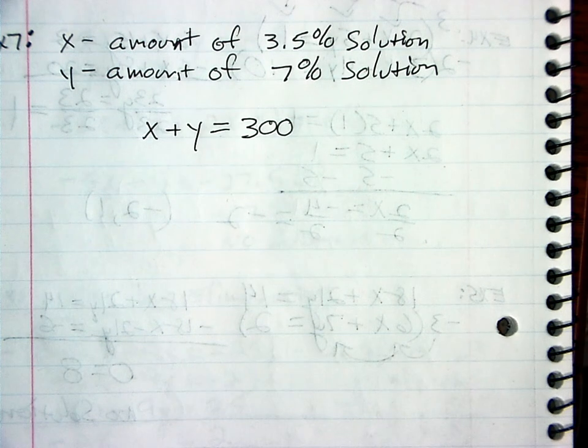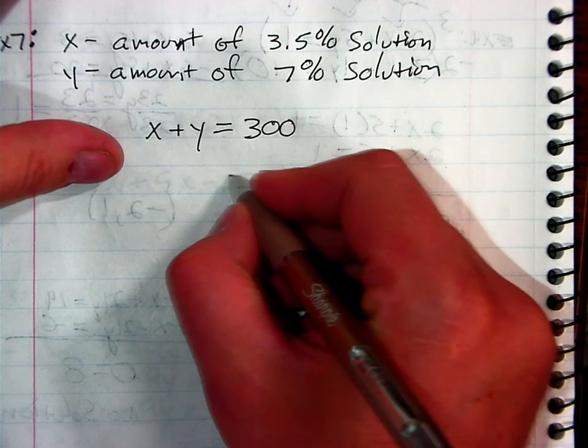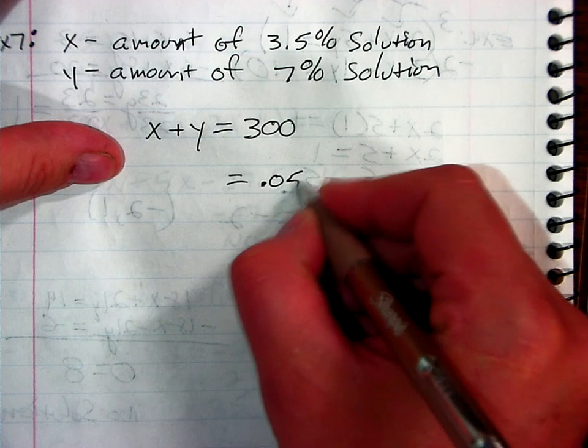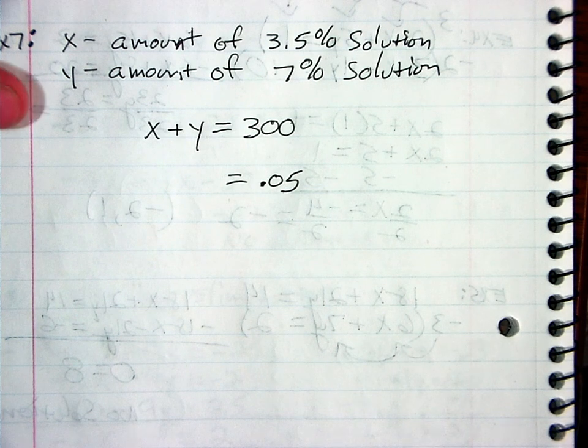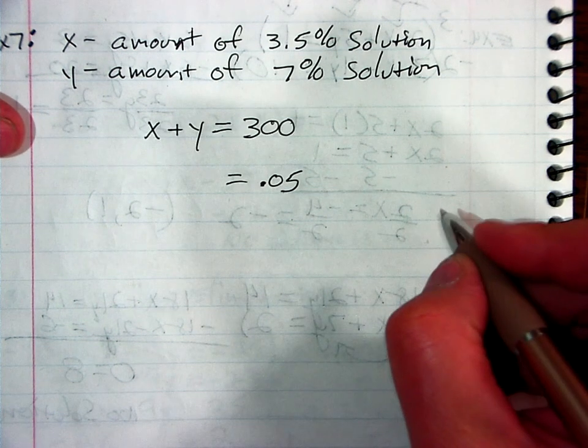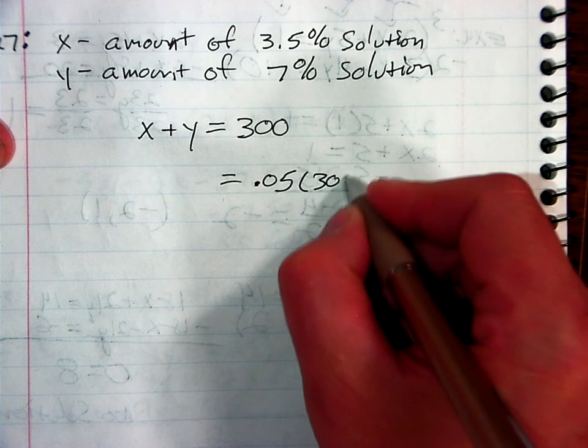And we also know that what percent do we want? 5%. Okay. So we know that we want 0.05. 5% as a decimal is 0.05, correct? We just moved the decimal place 2 places. And how many milliliters did it want? 300.